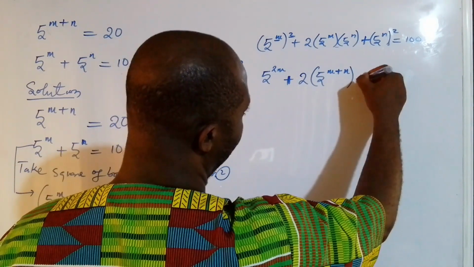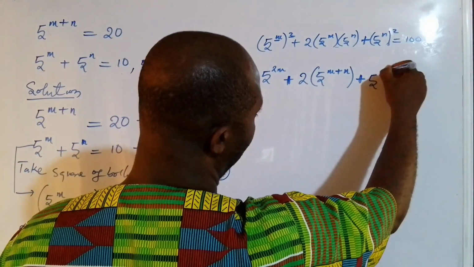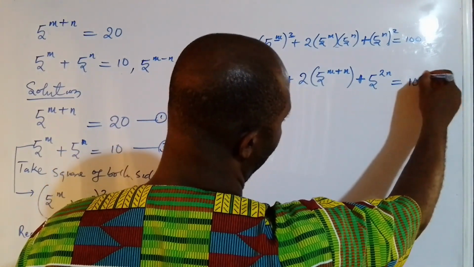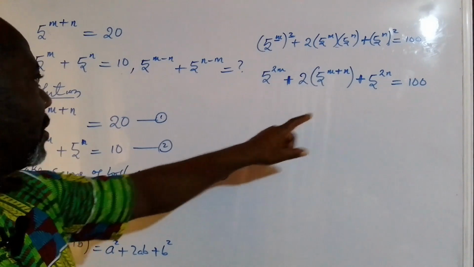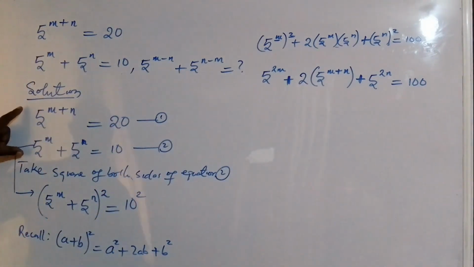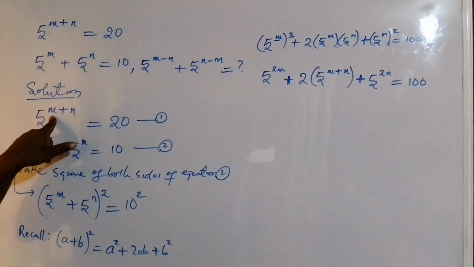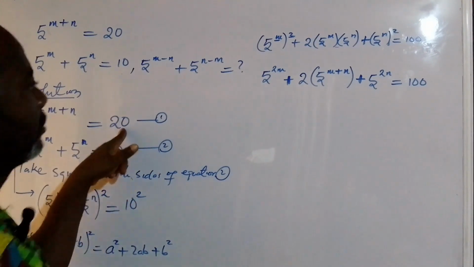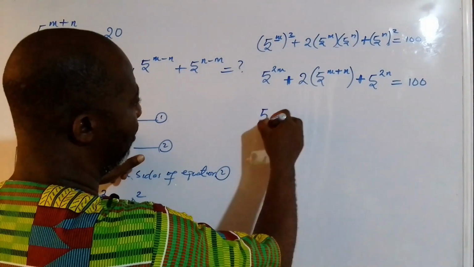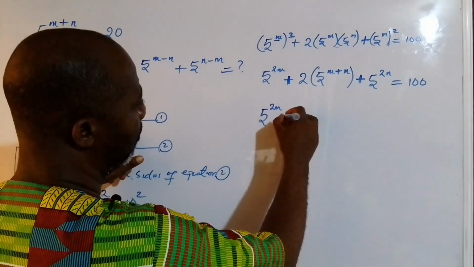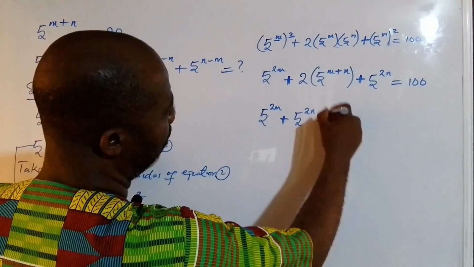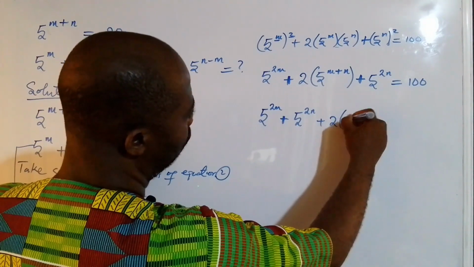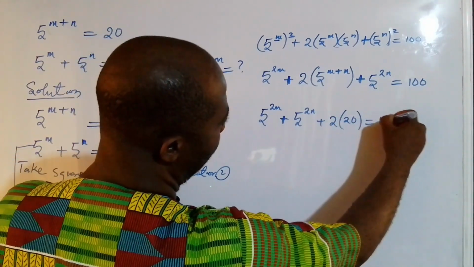Then this also gives me 5 to the power of 2n, all equal to 100. Now we know from the original equations that 5 to the power of m plus n is 20. This is it right here. So we have 5 to the power of 2m plus 5 to the power of 2n plus 2 times 20 is equal to 100.